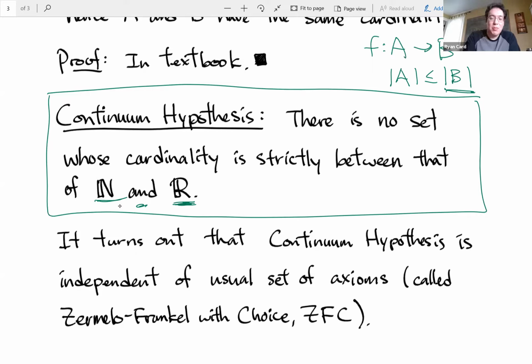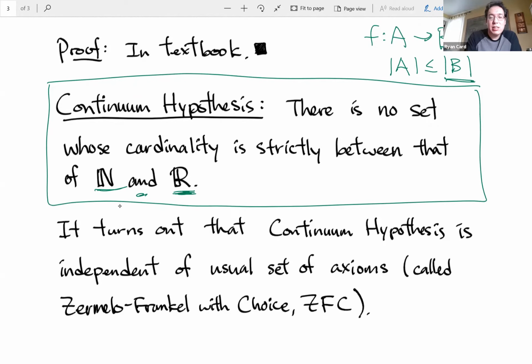Okay, so just to be perfectly honest, what I mean when I say this is not settled is that it's not settled under our usual axioms, called Zermelo-Fraenkel set theory with the axiom of choice, usually denoted ZFC.